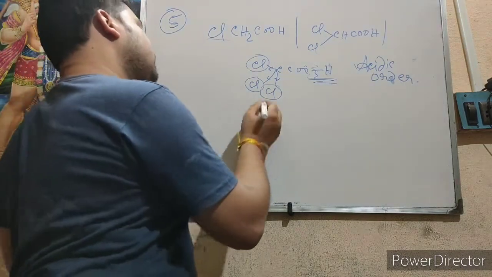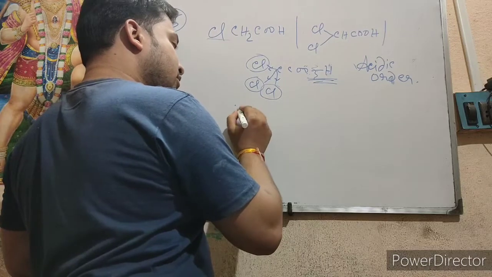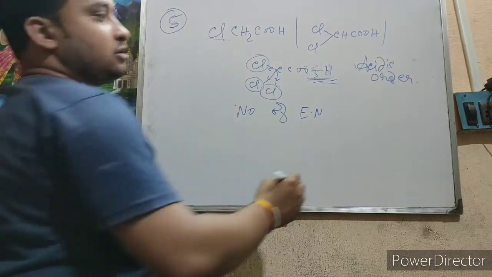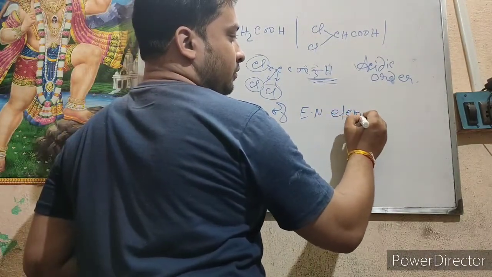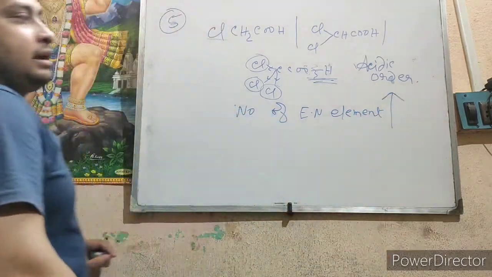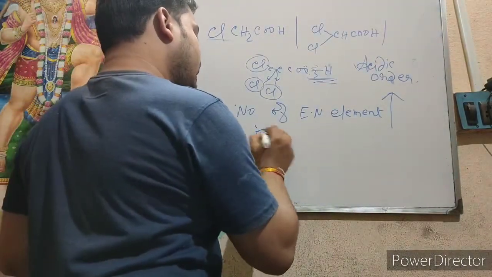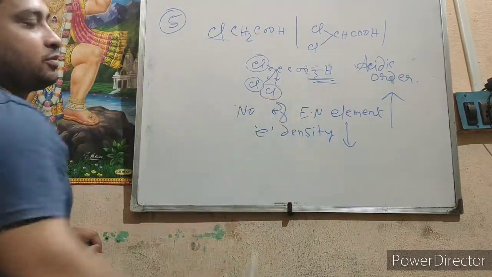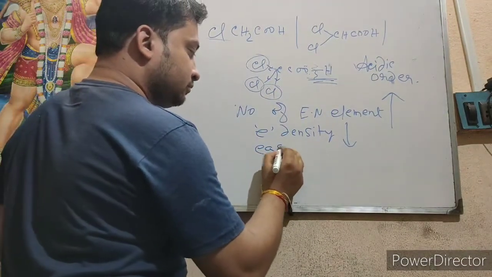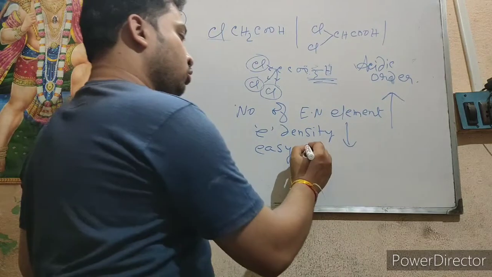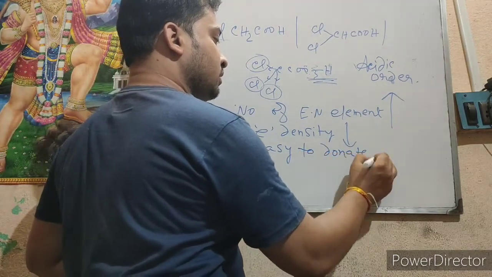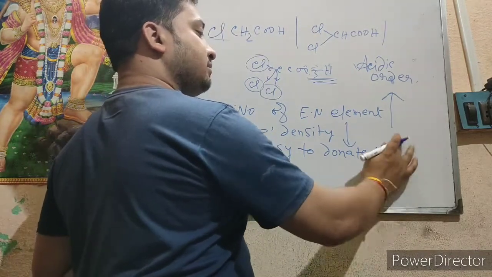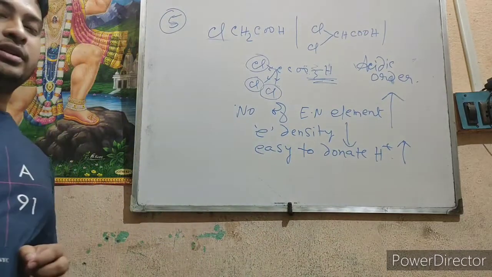So what I say? Key point. What is the key point? Number of electronegative elements increasing, electron density decreasing, electron density on this group decreasing, easy to donate H plus, that is also increasing.